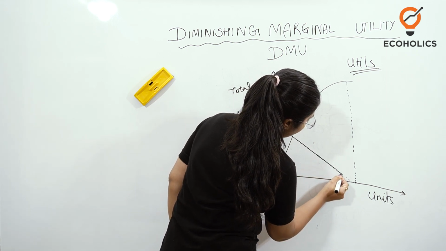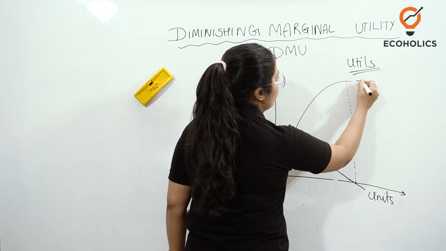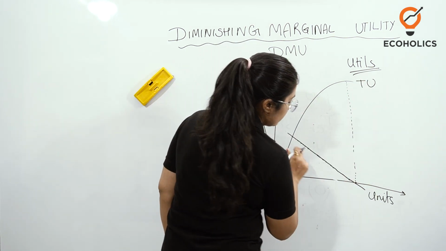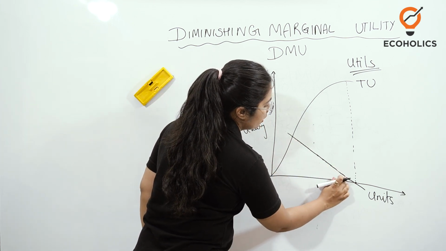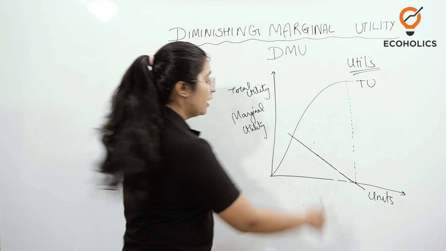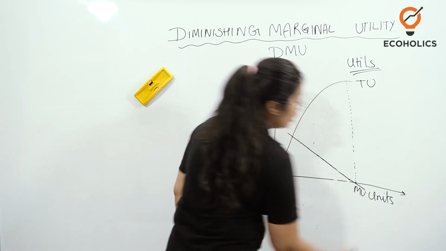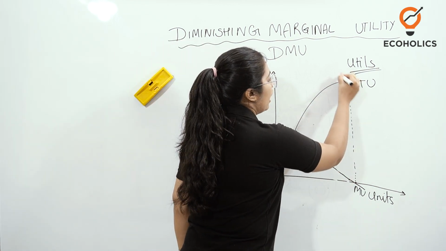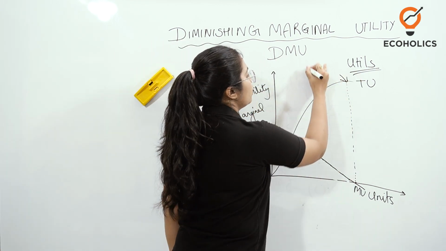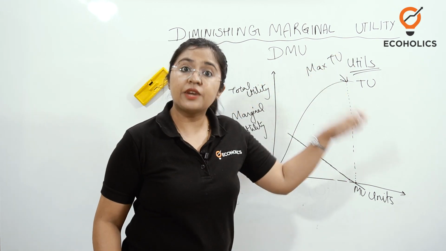And which is why we had a state where this is your total utility, and this curve which shows a diminishing slope is your diminishing marginal utility. So this is your marginal utility diagram, where the highest portion, known as maximum total utility, is also known as the saturation point.